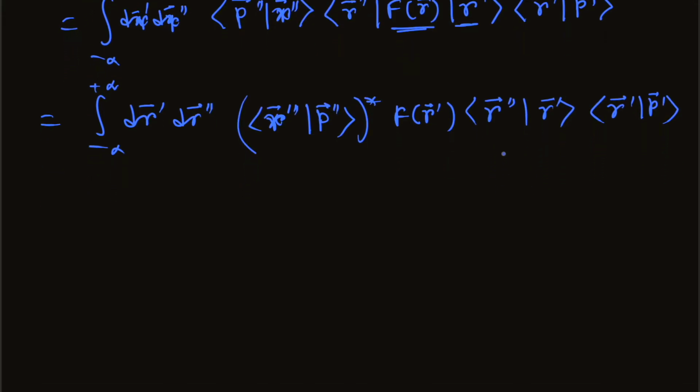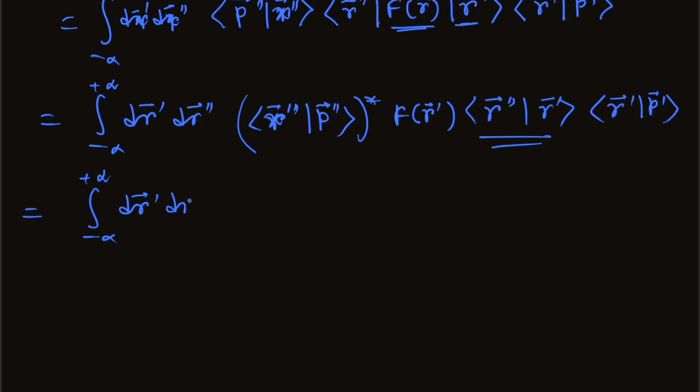So from the orthonormality we know that this is a delta function, so minus infinity to plus infinity d^3r' d^3r'' ⟨r''|p''⟩* .